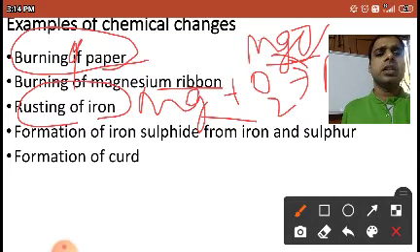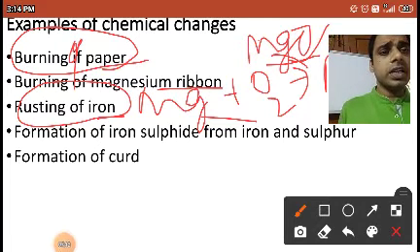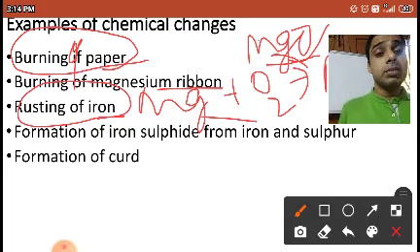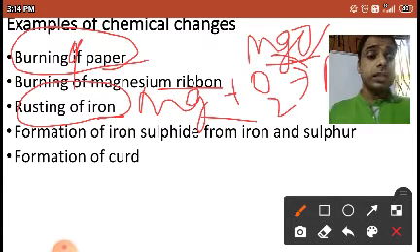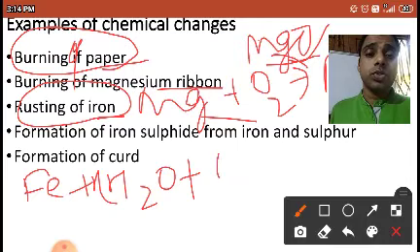Rusting of iron: iron in the presence of oxygen and water will give you rusting. If I write the reaction here, you can see Fe plus xH2O plus O2.